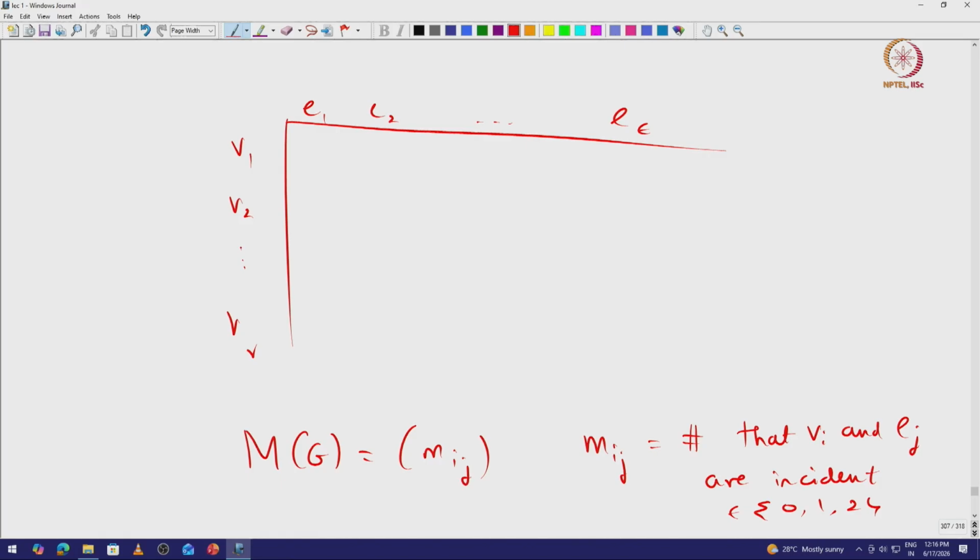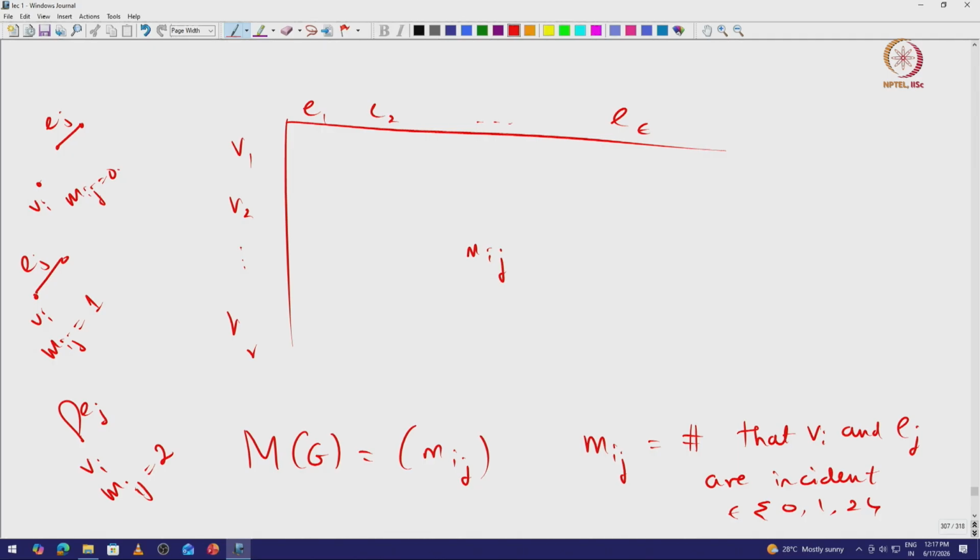So if we have vi and ej is a loop at vi, then m ij becomes 2, and if vi just appears in ej, then m ij becomes 1, and if it is not appearing anywhere, then m ij is 0. So that is what m ij records, and this is what is called the incidence matrix.